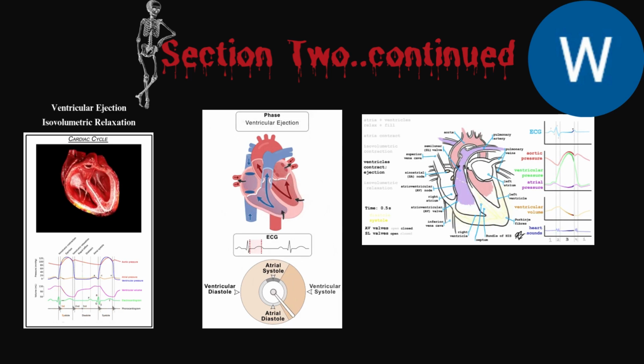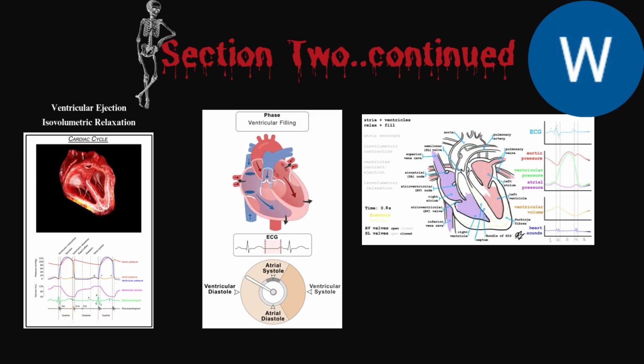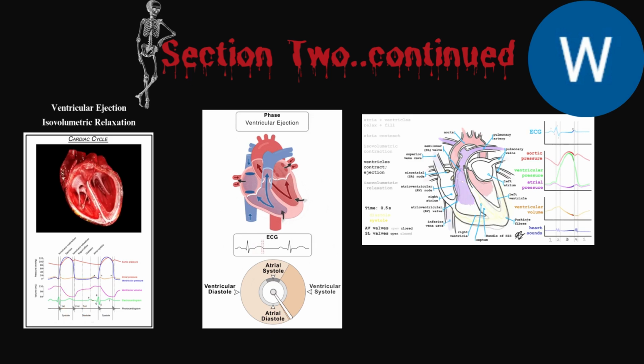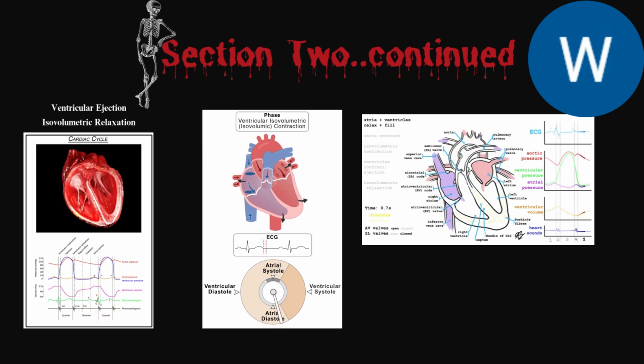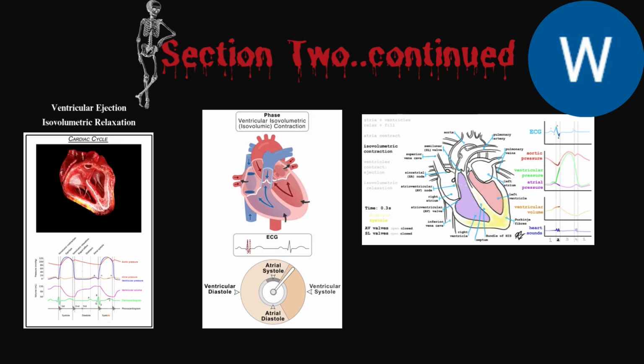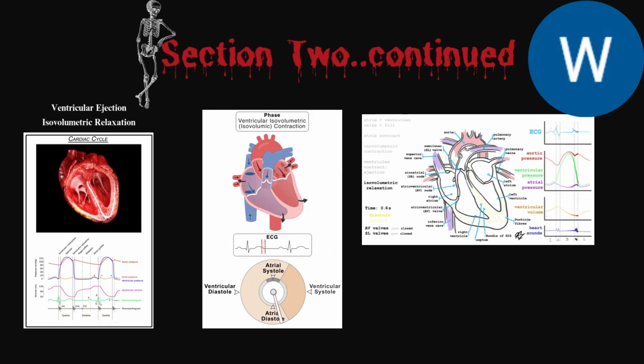But I'll explain both. So the ventricular ejection, this is when the ventricular pressure exceeds the pressure in the aorta and the pulmonary artery. So the semilunar valves would open, the blood rushes out, and that would be the ejection. But this is still during the ventricular systole stage, and you would see that on the EKG.